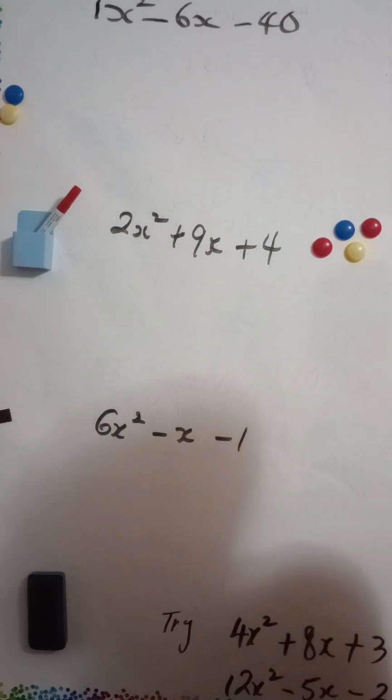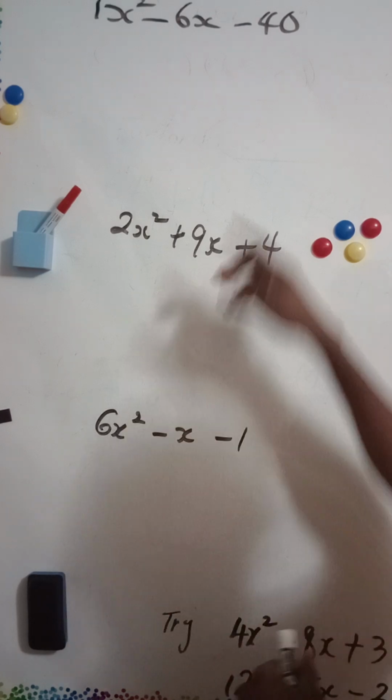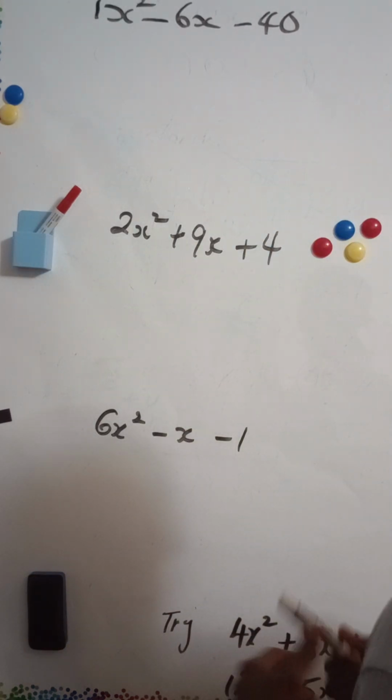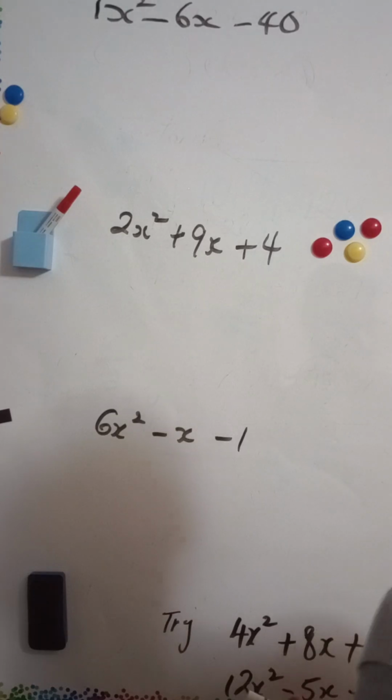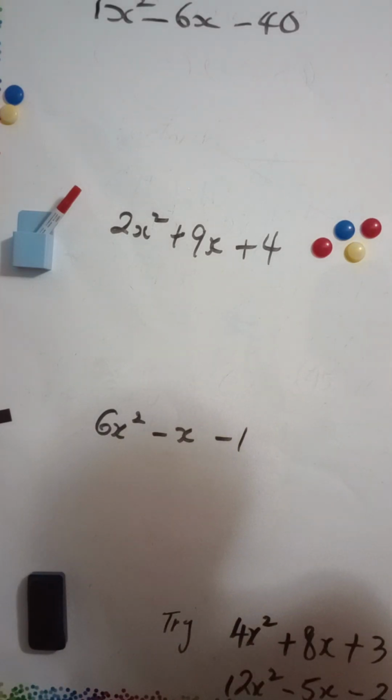You're gonna find all the pairs of factors that you can multiply and get 40 or negative 40, but you're gonna work with 40 for now and just insert our signs afterwards.